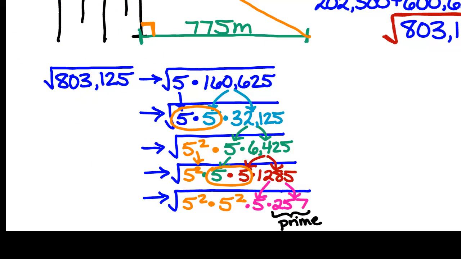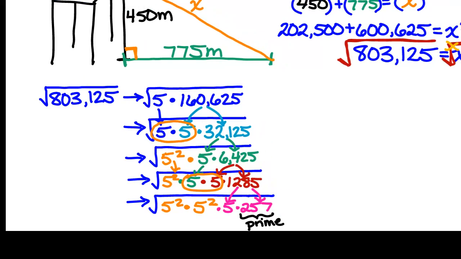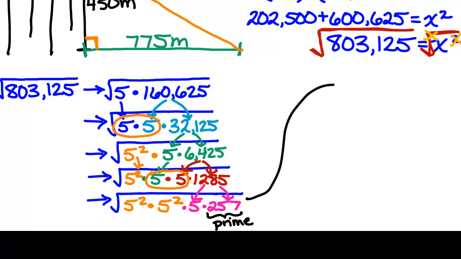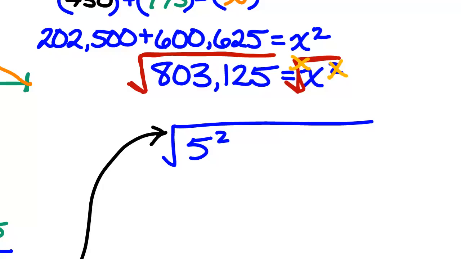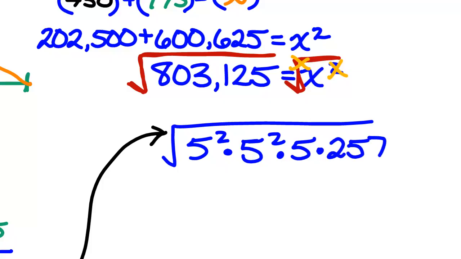So I want to pull out anything that has a perfect square. So let me write this down over here so we can all kind of follow along with what's going on. I have 5 squared times 5 squared times 5 times 257.